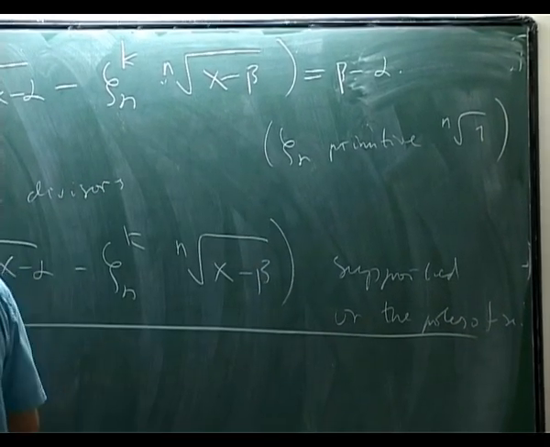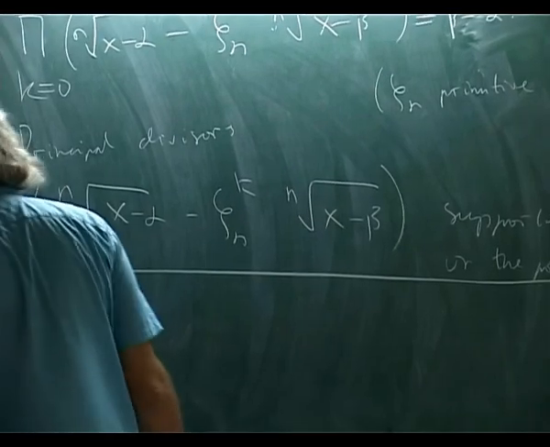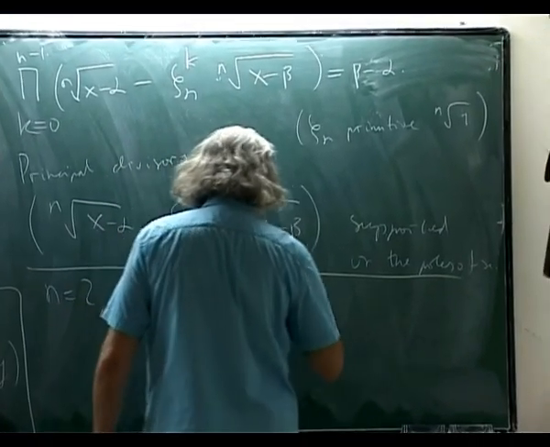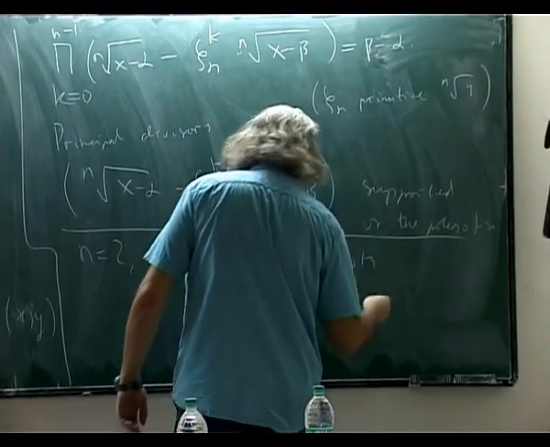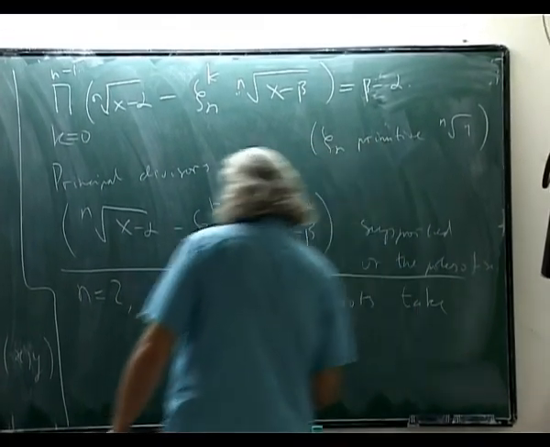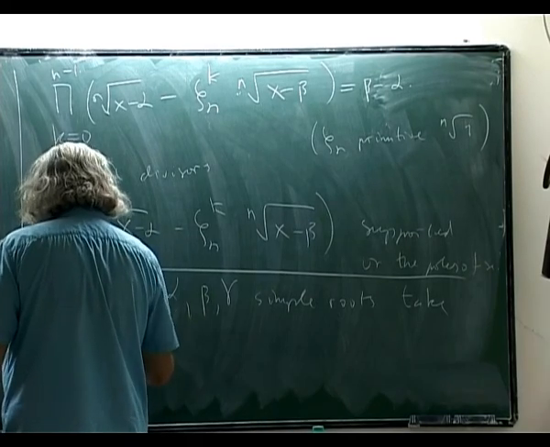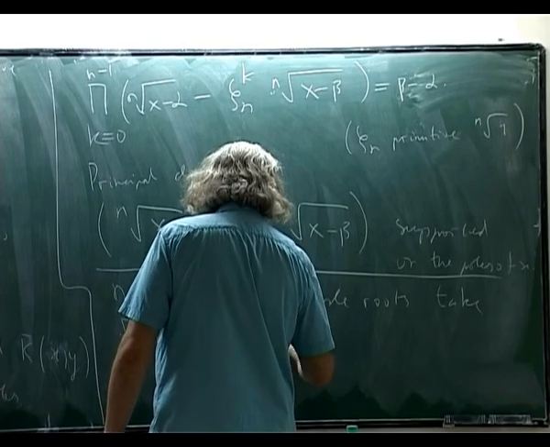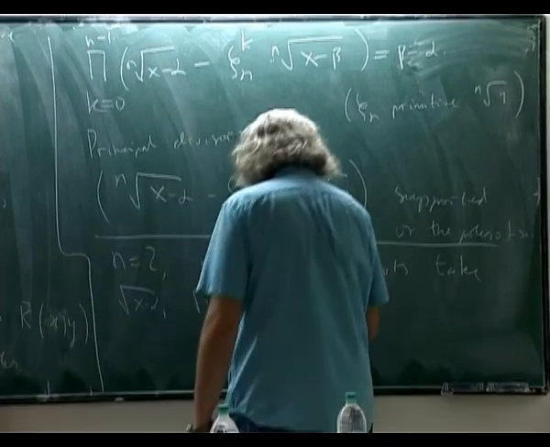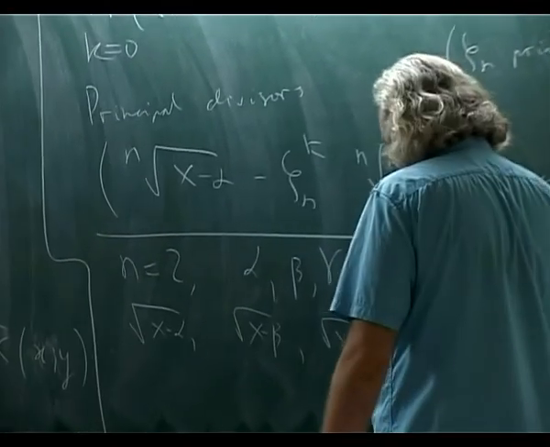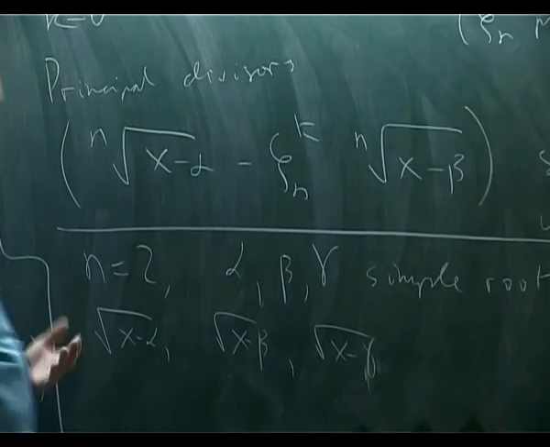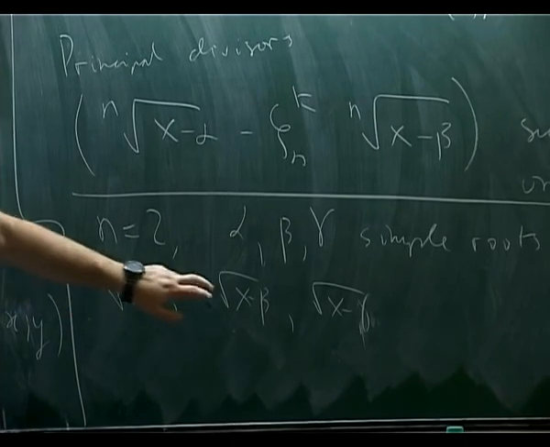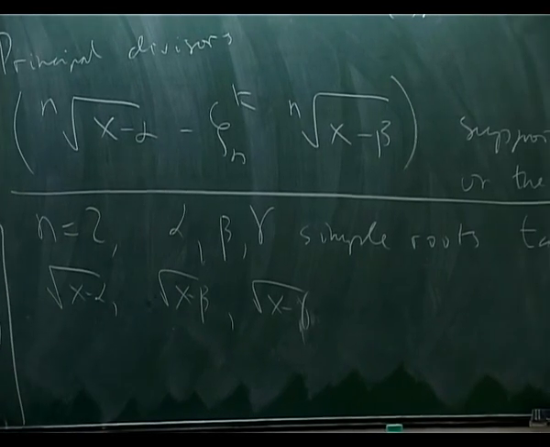If n equals 2 and alpha, beta, gamma are simple roots, then take square root of x minus alpha, square root of x minus beta, and square root of x minus gamma. Then it's not enough to take just square root of x minus alpha minus square root of x minus beta, and square root of x minus alpha plus square root of x minus beta, and they will be dependent.